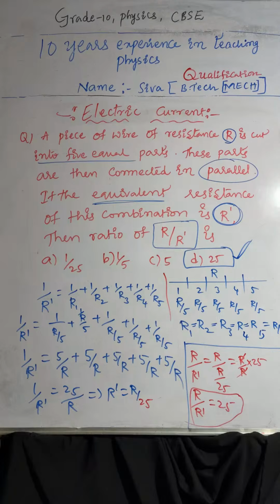If the equivalent resistance of this combination is R dash, then the ratio of R by R dash is how much you'll get? Okay, substitute all the values. So I hope you get 25. Is it correct?